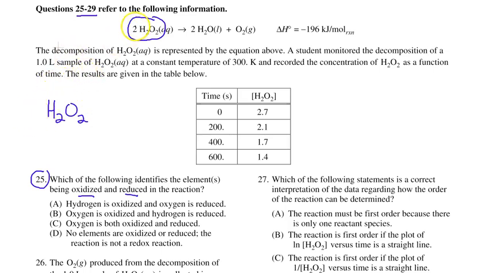Now this 2 in front has no bearing on the individual charges of these elements in the compound. Some people already know that in a peroxide, oxygen is -1, but if you don't know that, the H has to be the positive one because the more electronegative oxygens are pulling electrons away. So H is +1 individually. There are 2 of them, and the way I always did it, and I tell my students, is that the total charge of this is 0 because there's no charge.